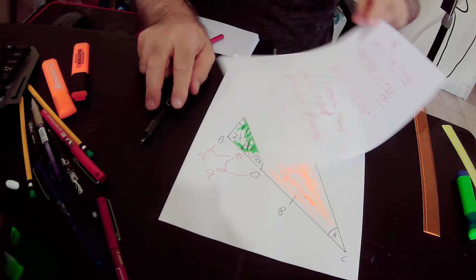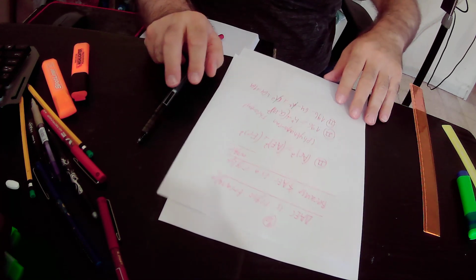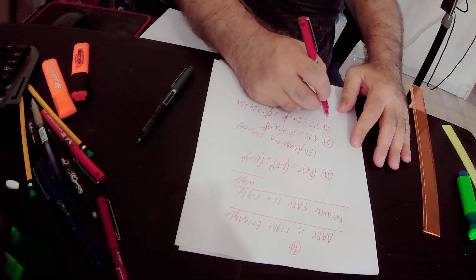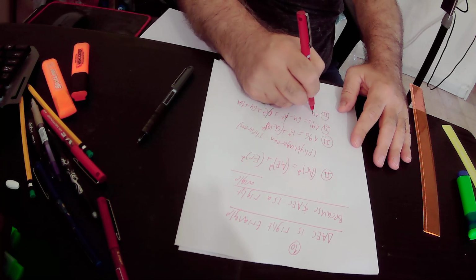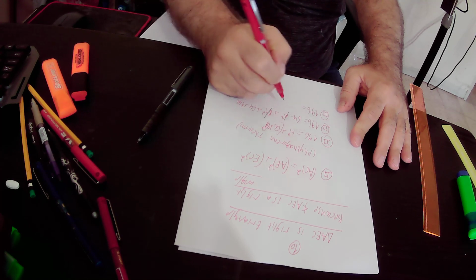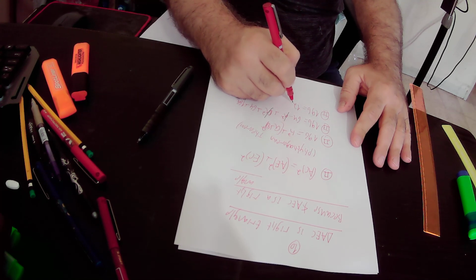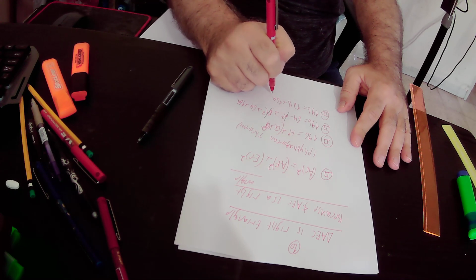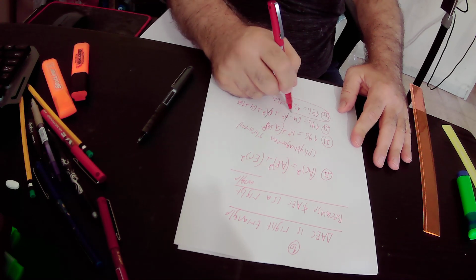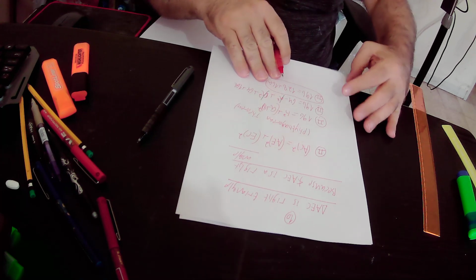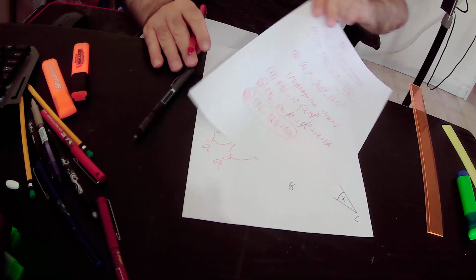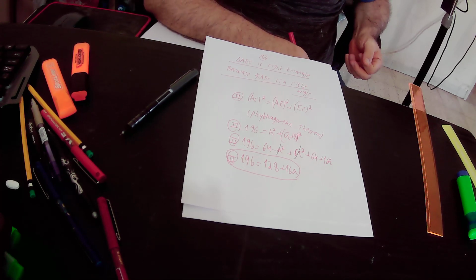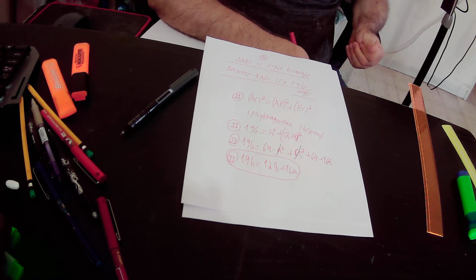So I will write it down. You will get that 196 equals 128 plus 16a. Equation number 2 states that 196 equals 128 plus 16a.